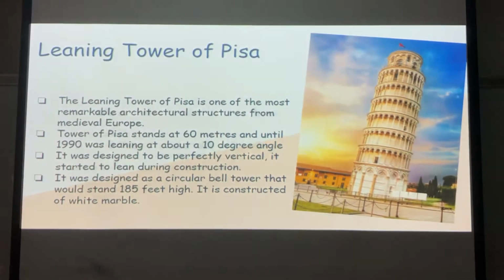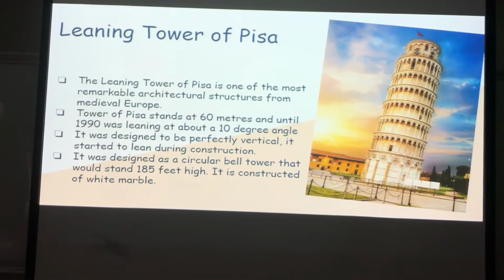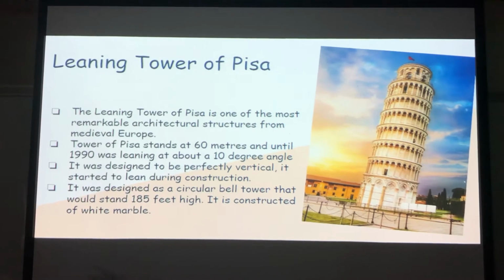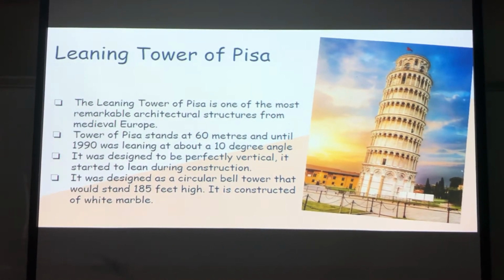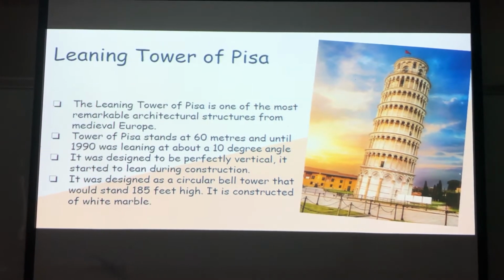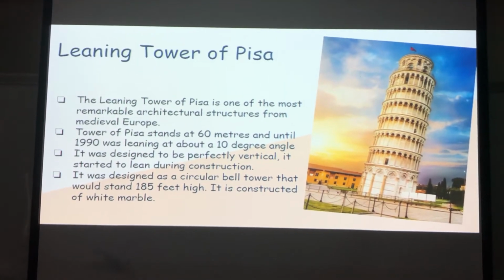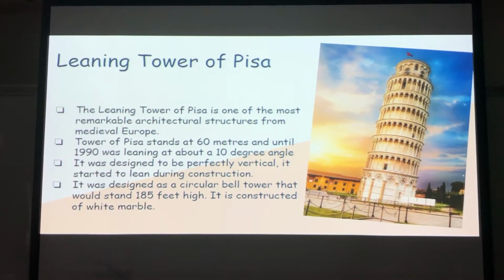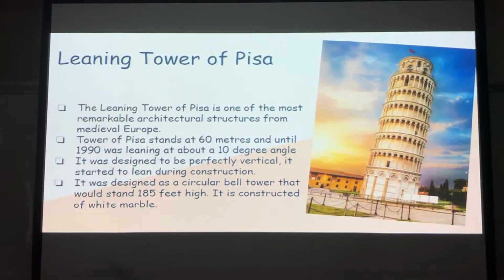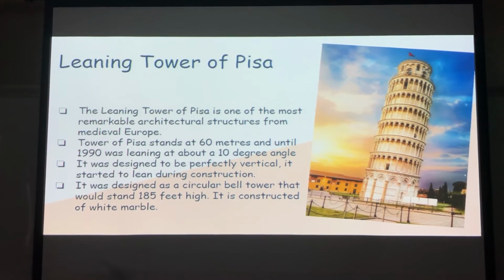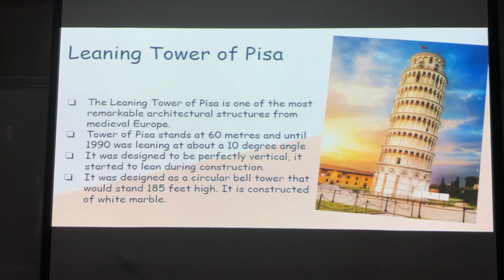Let me talk about some examples of architectural structures. Firstly is the Leaning Tower of Pisa, called 比萨斜塔 in Chinese. The Leaning Tower of Pisa is one of the most remarkable architectural structures from medieval Europe. It is Romanesque style. The construction began in 1173 and was completed in the 14th century, in 1399.